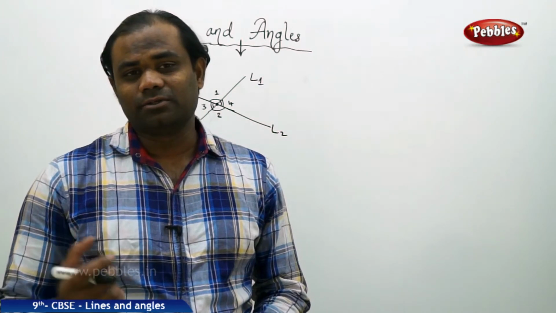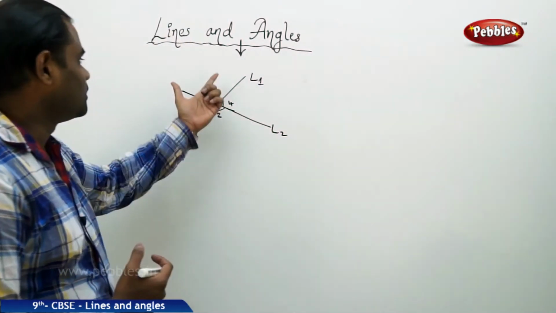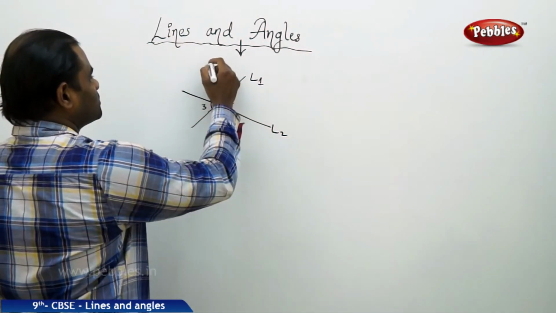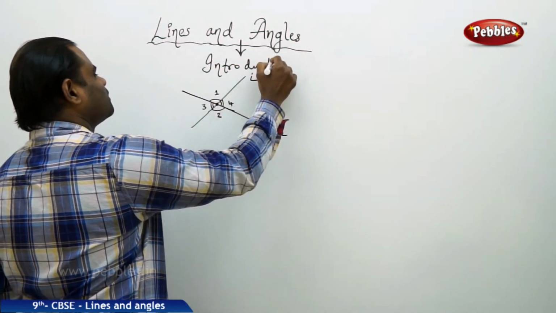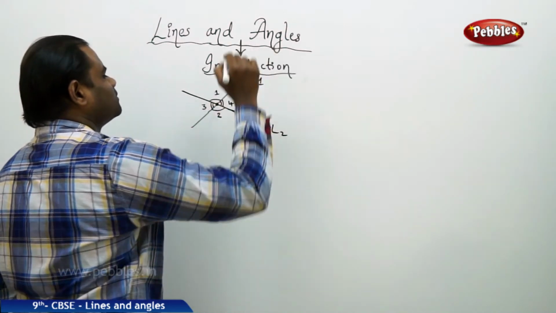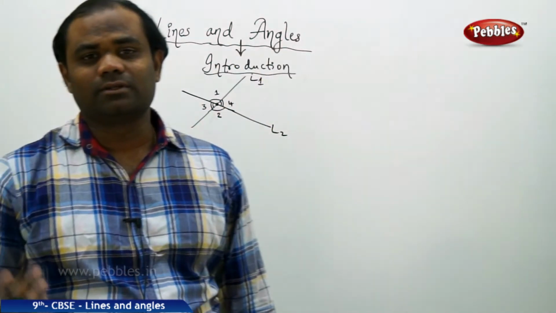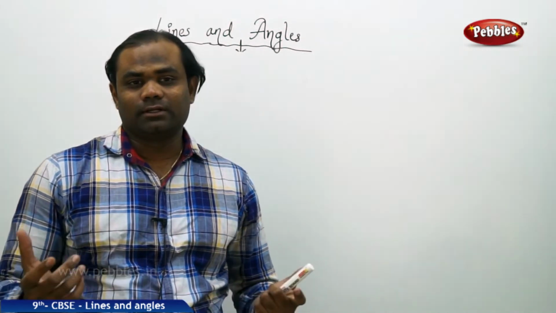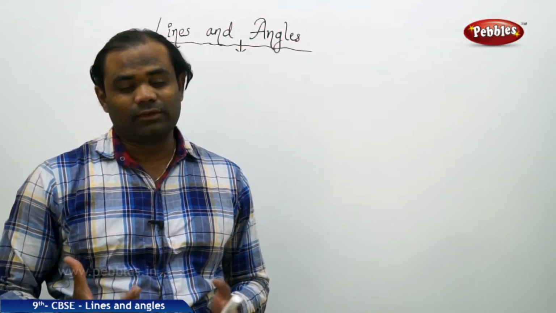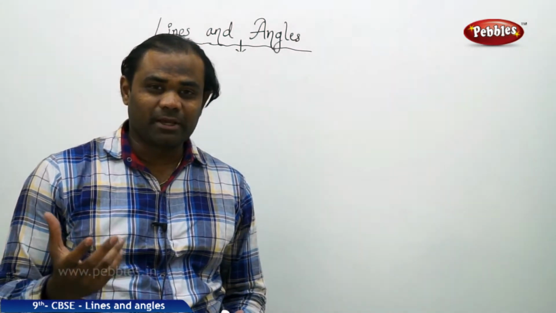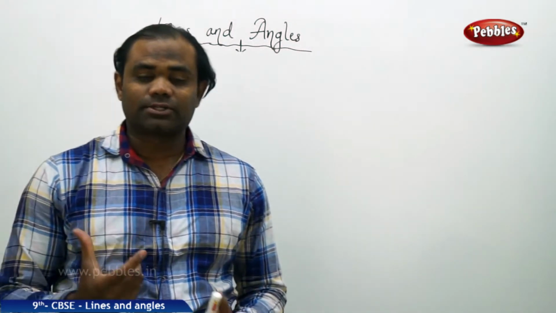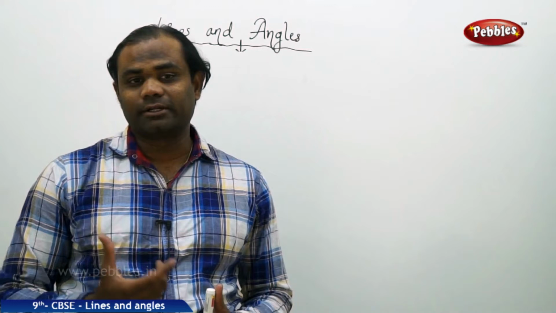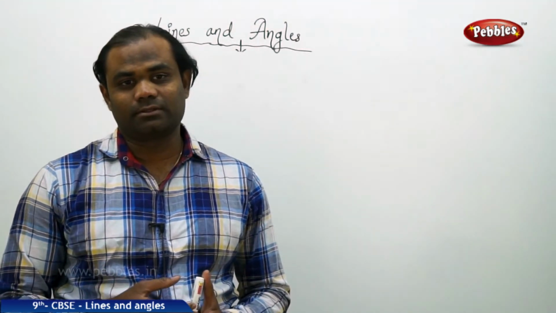Let's see the continued properties connected with lines and angles. Introduction, continued with the session. Now that we have learnt about the introduction of lines and angles, there are some basic terms in the topic which we need to understand before we get into the concept of lines and angles.